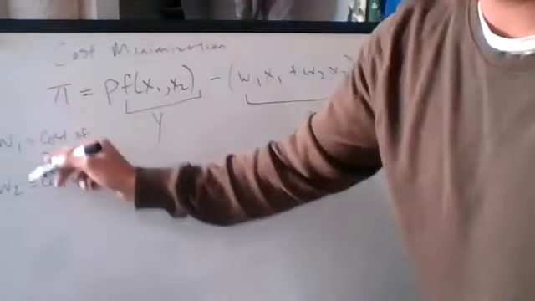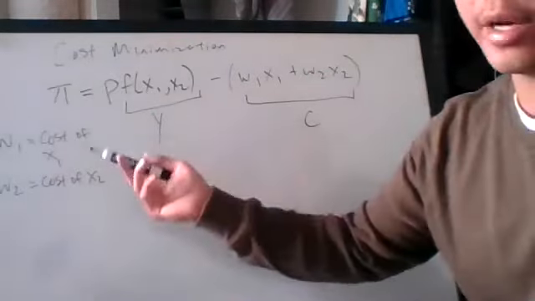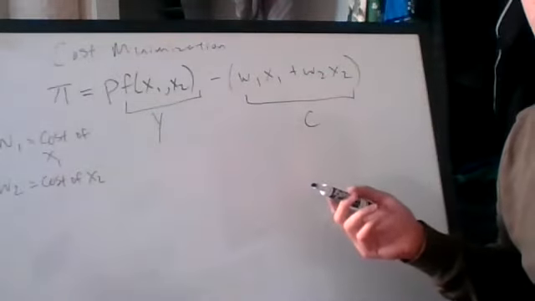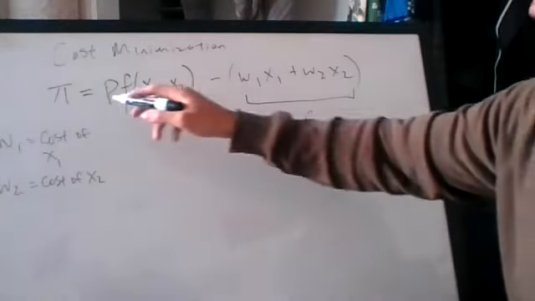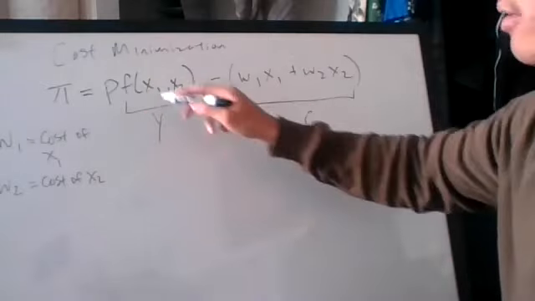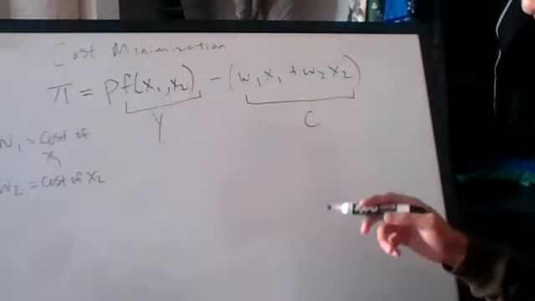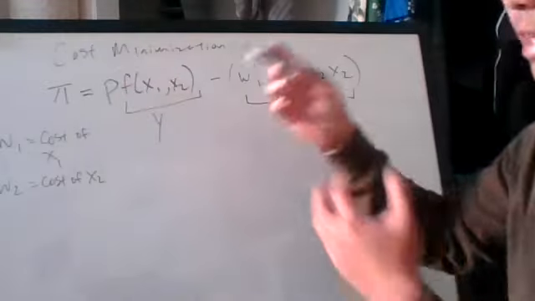And this corresponds pretty well to P1 and P2, right? Which were the prices of good 1 and good 2, okay? So here is our profit model, right? In the sense where we have P times Y minus C is equal to how much net gain we have, right?